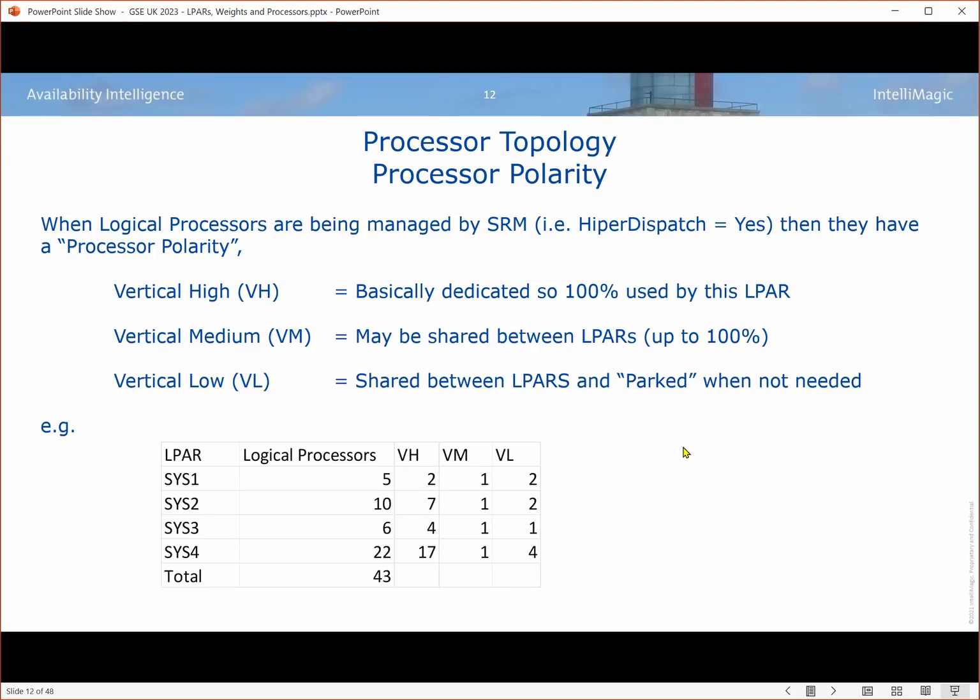So if we look at our sample LPAR sys1, 5 logical processors, what we have, and I'll show you how it's being defined, we have 2 vertical high processors, 1 vertical medium, and 2 vertical low. Okay, so that's interesting information about the processor polarity.